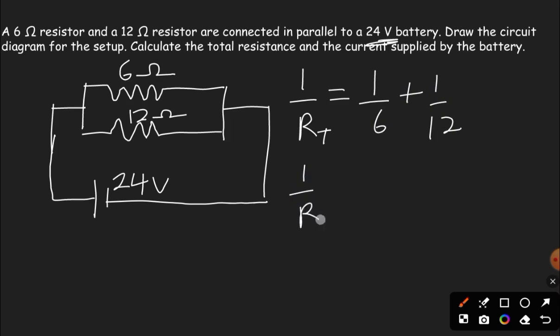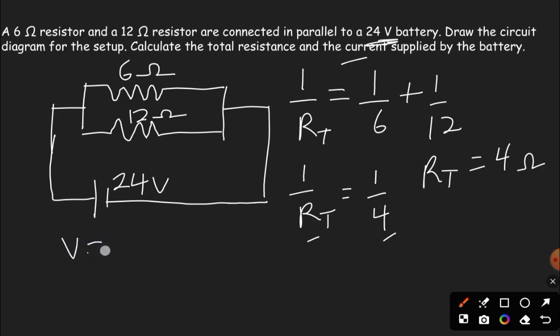So 1 over RT equals 1 over 6 plus 1 over 12, which is 1 over 4. Now, we are actually looking for RT, not 1 over RT. So whatever I do to the left hand side, do to the right hand side. So we can reciprocate both sides. So we are going to have RT equals 4. 4 what? 4 ohms.